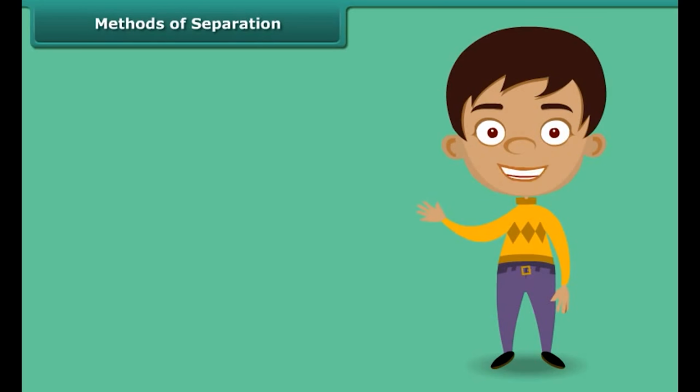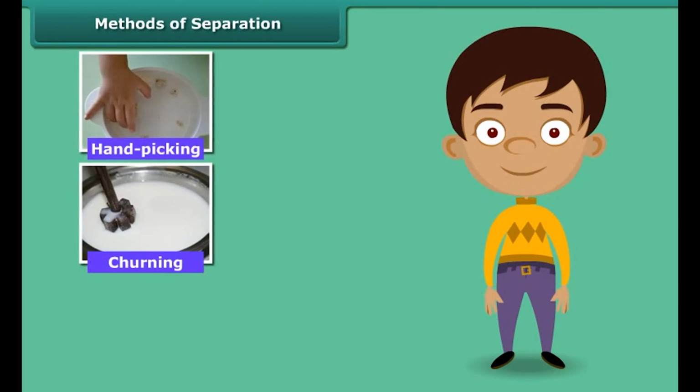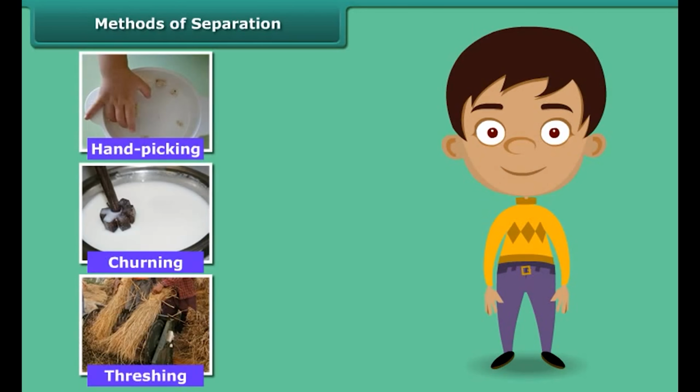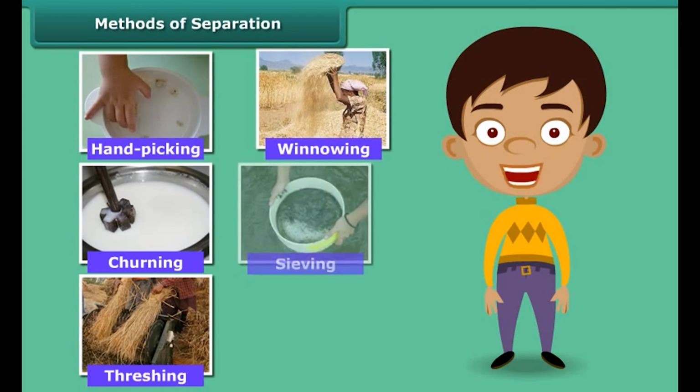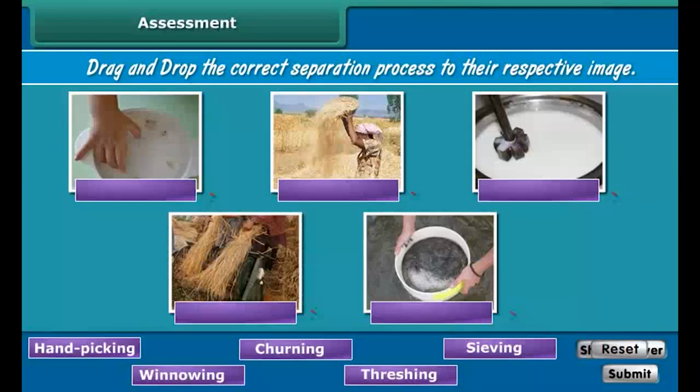In fact, you would have used some of these methods in your day-to-day life. Let us list some methods commonly used to separate the components of a mixture. Handpicking, churning, threshing, winnowing, sieving. The basis for choosing a method of separation depends upon the physical properties of components.